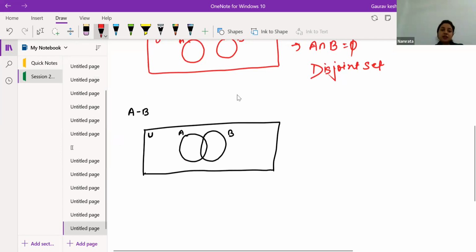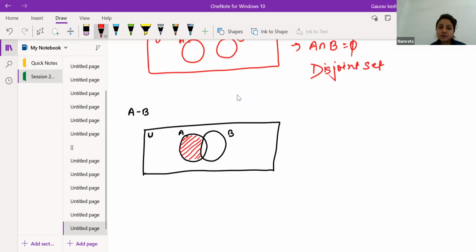What's the meaning of A minus B? Element of A which is not there in B, right? Yes. Let's say the element of A which is not touched with B. So be careful, just state it: which is not there in B. We cannot take the common part. Only those elements of A which are not there in B.